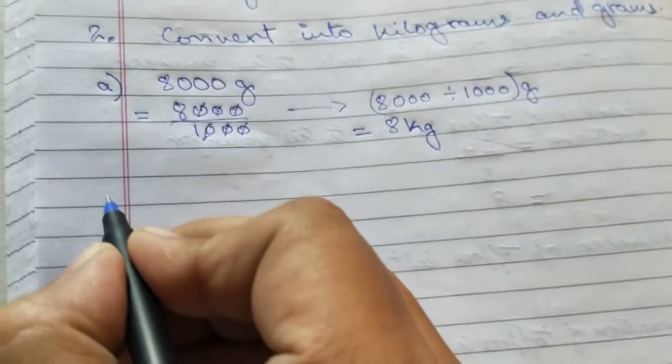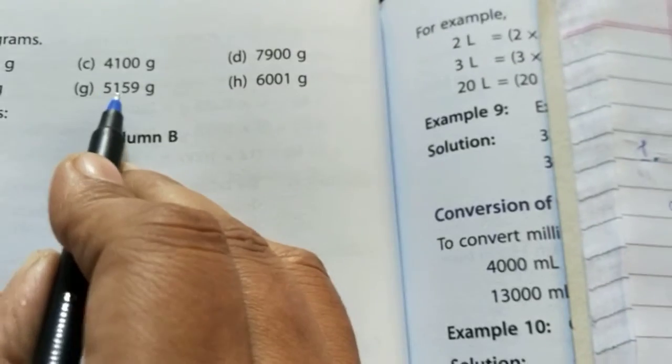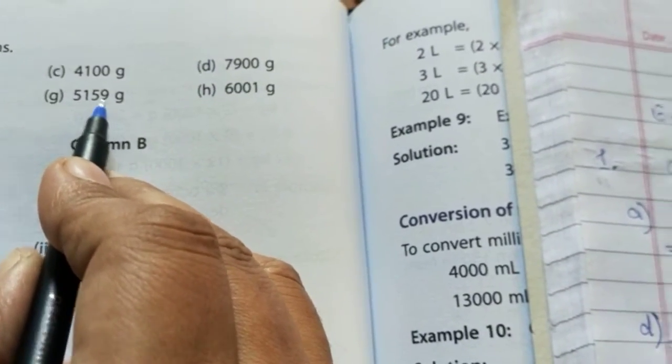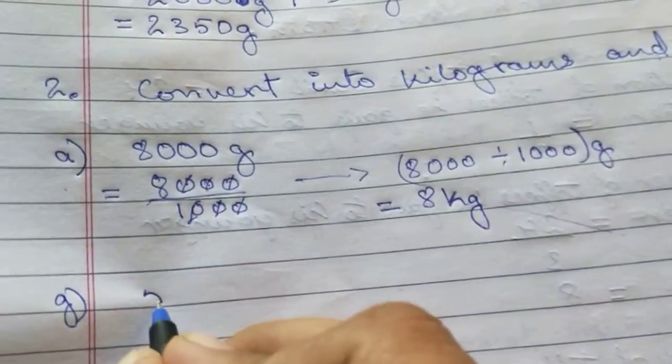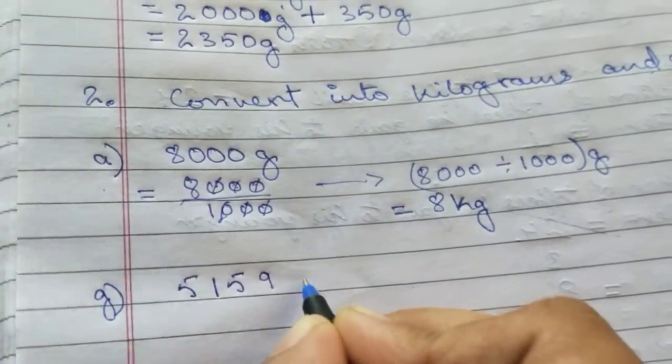Another one, question number, I'll take G. In G it's written 5159 grams.